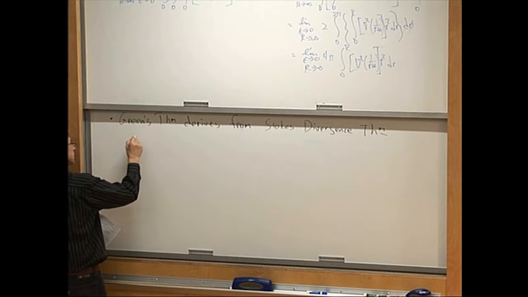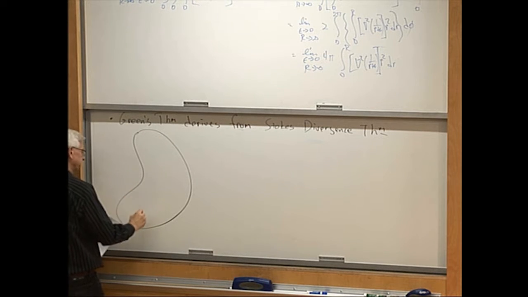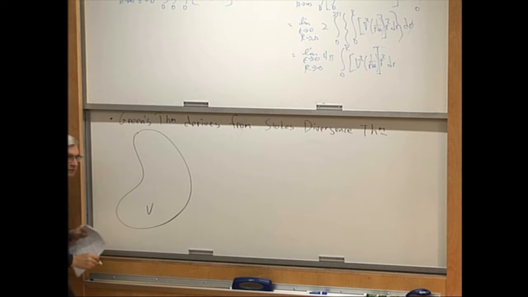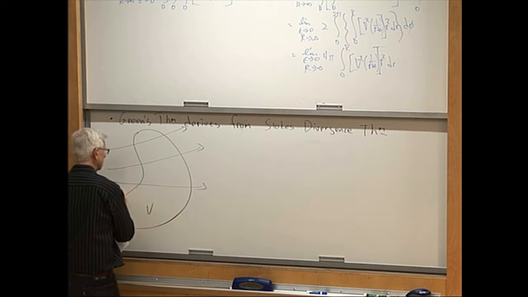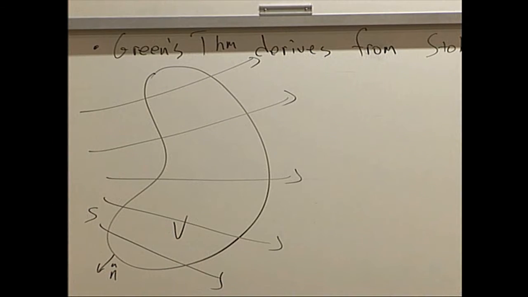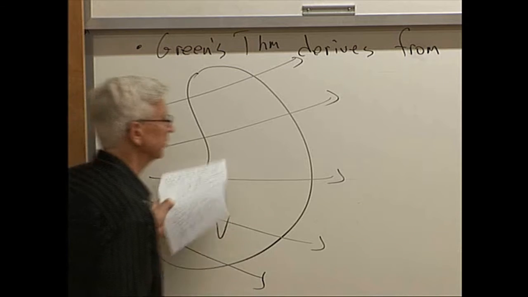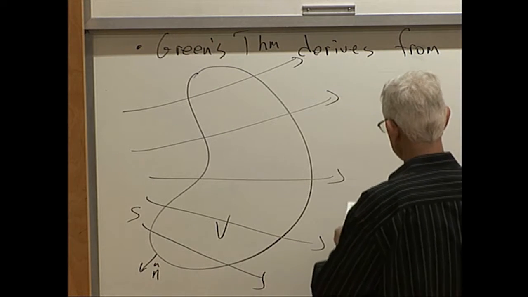where if we have a volume, guess what? It looks like a kidney bean, with an interior volume V and a surface S and an external normal n. And we have some vector field now that flows through the volume and the surface, and there's no sources or sinks. It's just the vector field there.